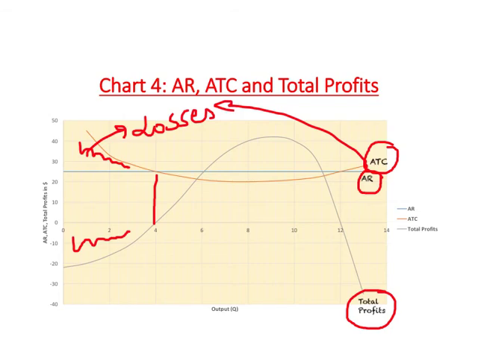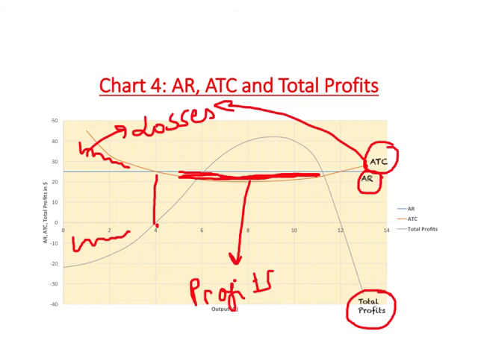Now here what you find is in this shaded part, if you look at the difference between AR and ATC, the firm is in fact making profits. And the same phenomenon you observe when you look at the total profits curve.